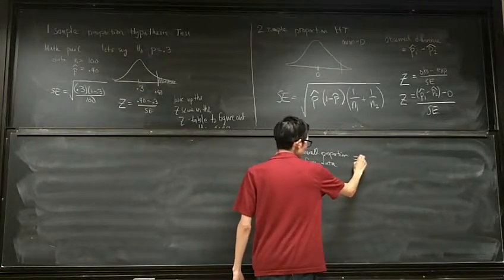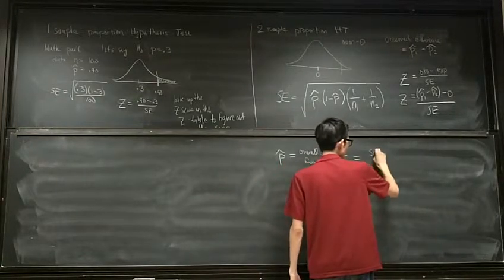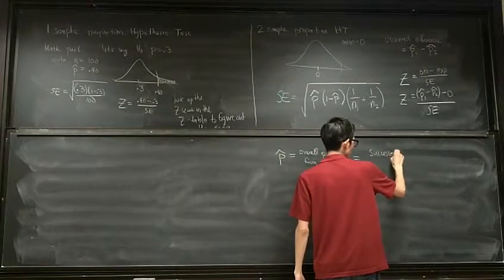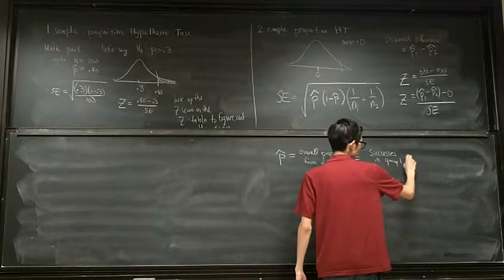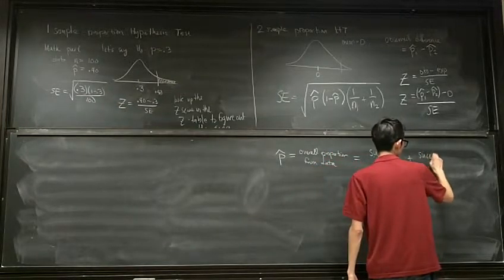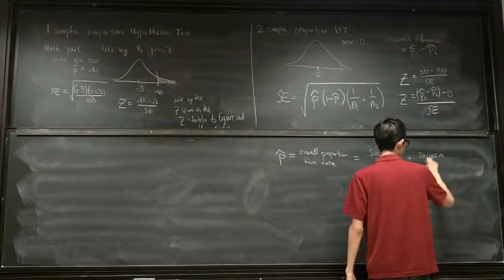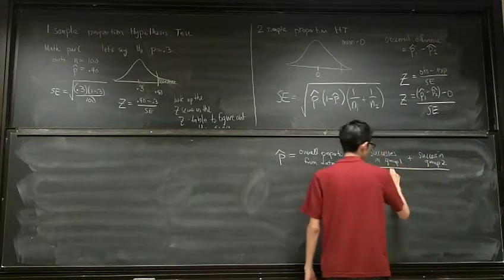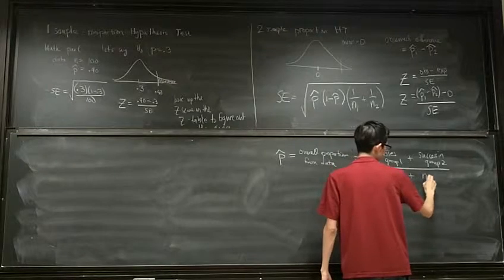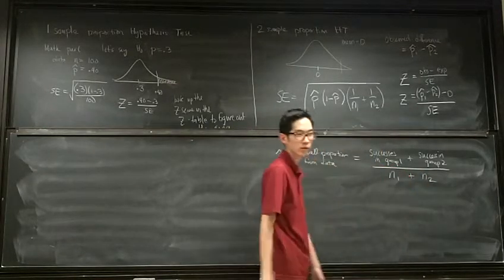Okay, this is equal to the number of successes in group 1 plus the number of successes in group 2 divided by n1 plus n2.